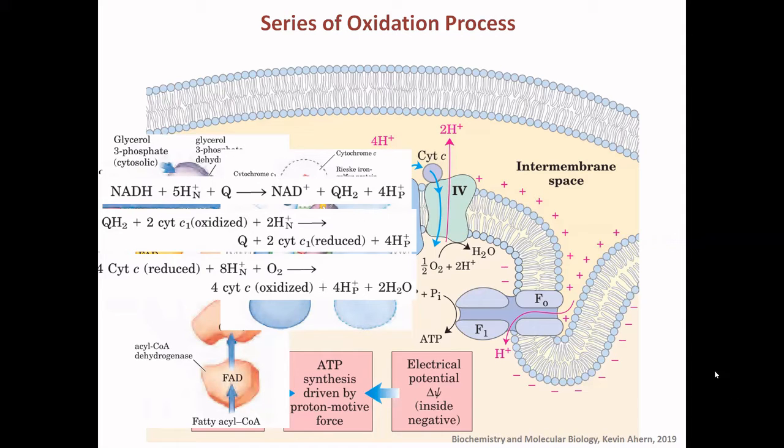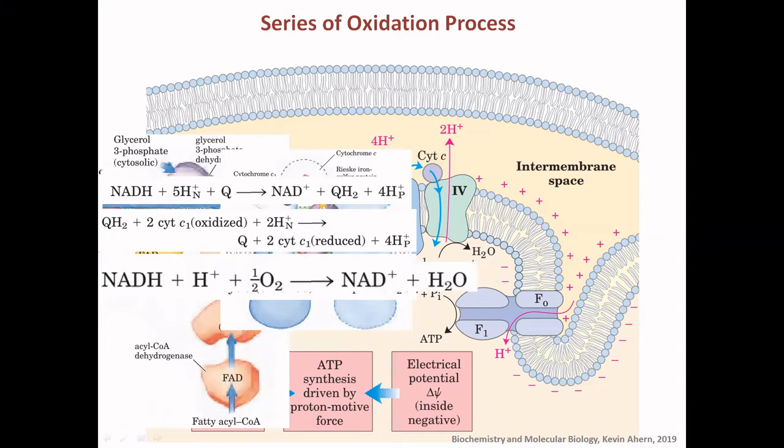So this we need to remember, because there is a difference in the electron donor and the final product of the electron transport system between the mitochondria and the chloroplast.